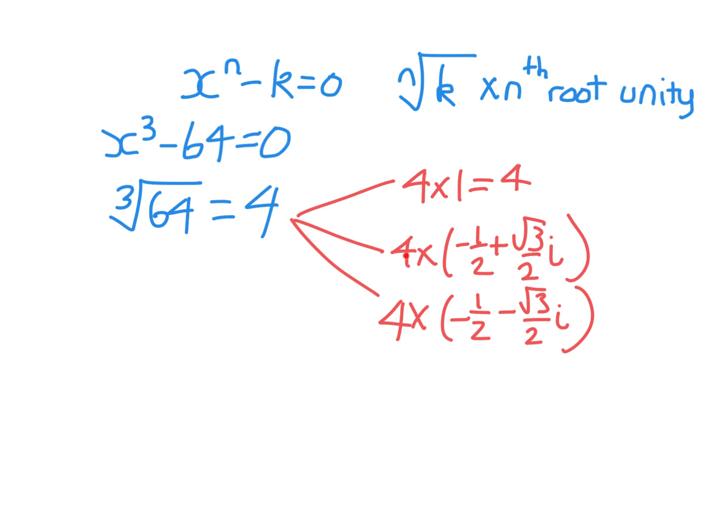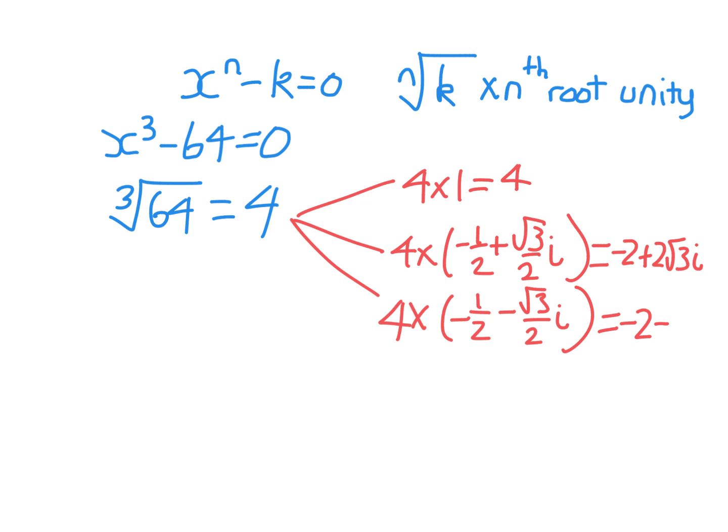So 4 is the cube root of 64. We times it by each of the roots of unity. So for this one here, 4 times minus a half is minus 2. 4 times root 3 on 2 just gives us 2 root 3. So that's minus 2 plus 2 root 3 i. And you can probably guess that this one will give us its complex conjugate.